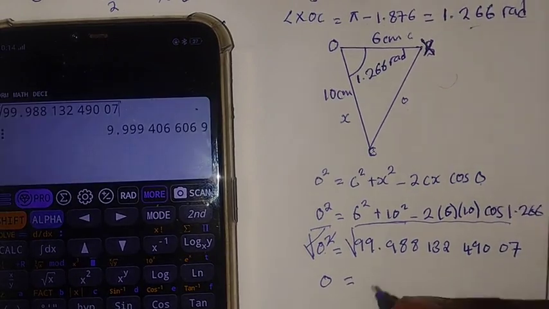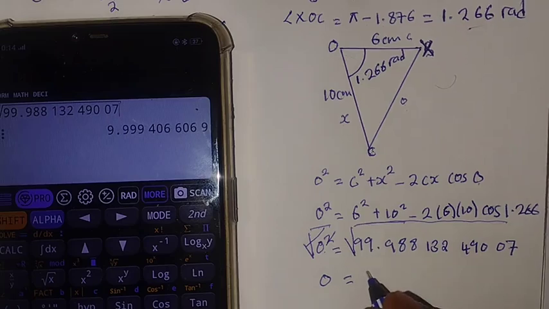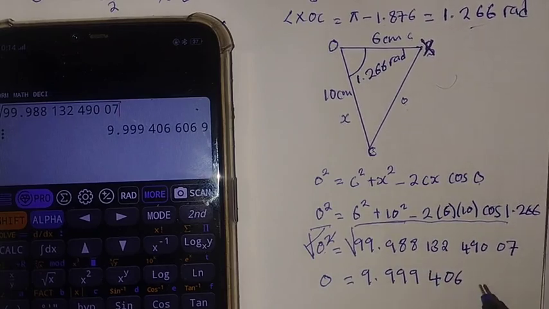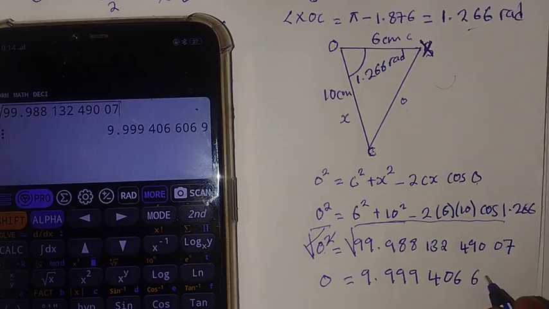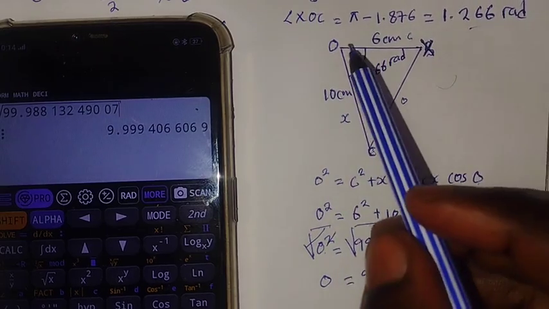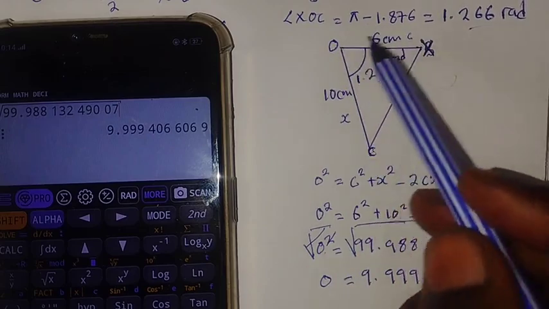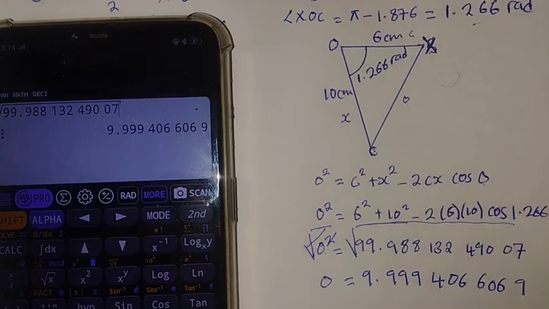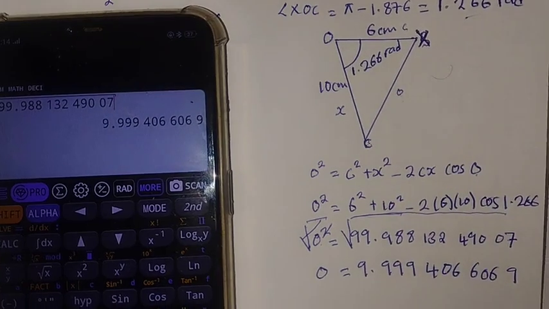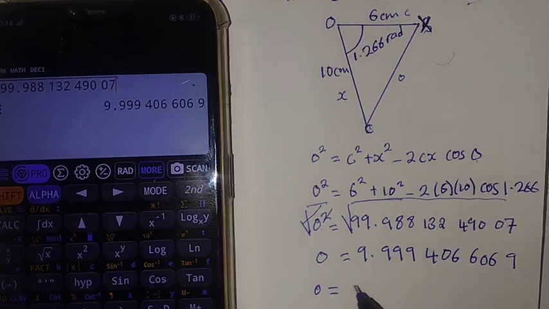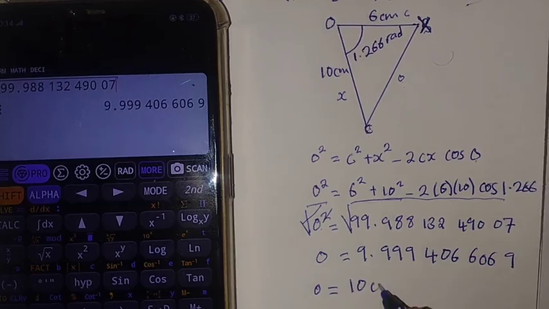The square root we get is 9.9994066069. Since the length sides are correct to the nearest whole number, we can make this to the nearest whole number, so o is equal to 10 centimeters.